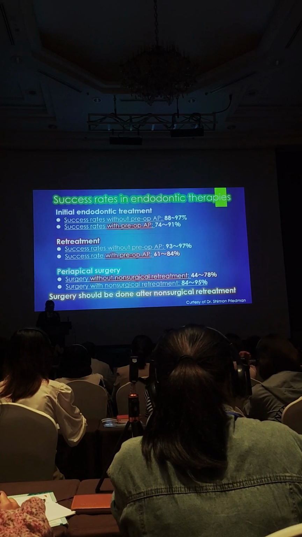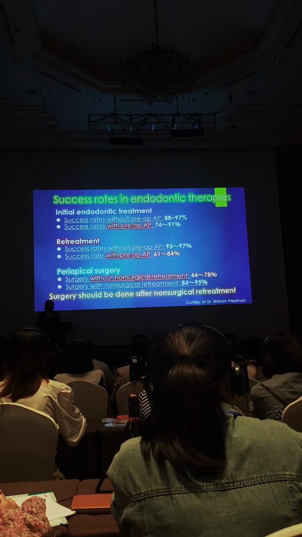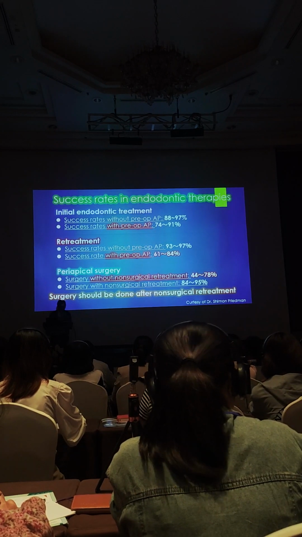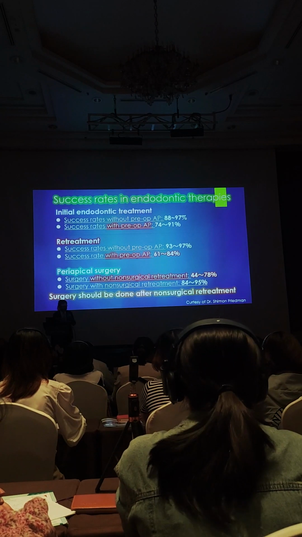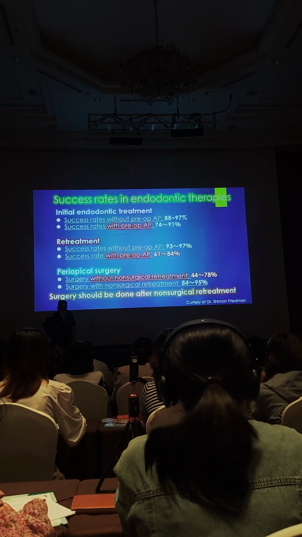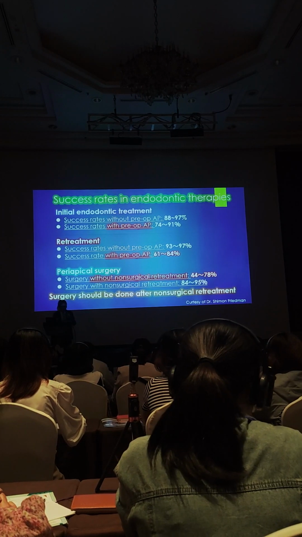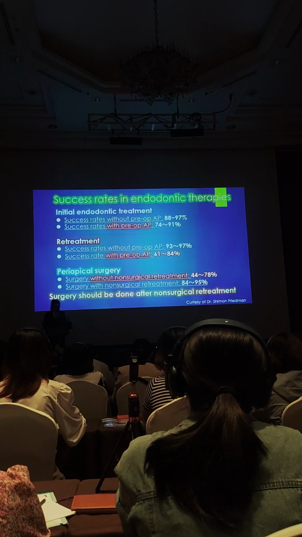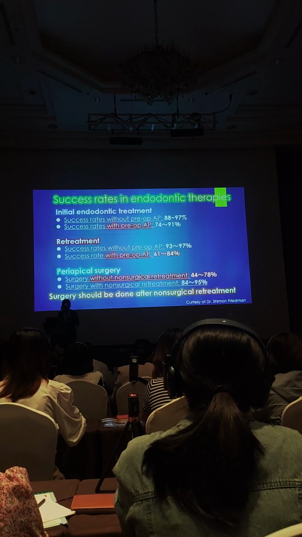That is significantly lower than the cases without preoperative lesions. So always be careful whenever you see the periapical lesion, because your success rate will be lower if you are not careful, or if you have no idea what you are facing.